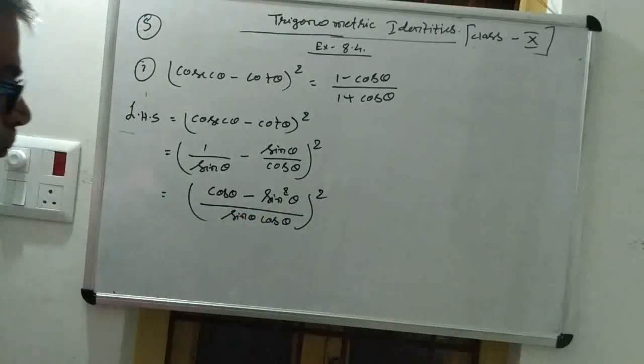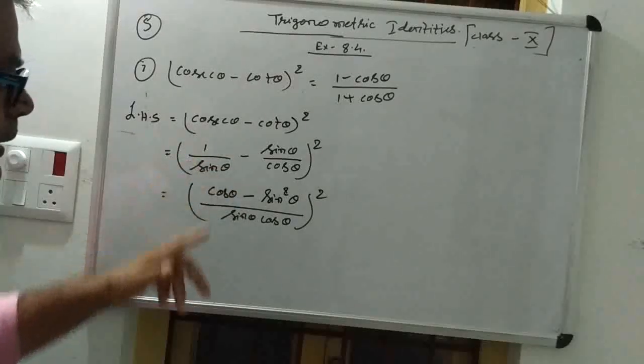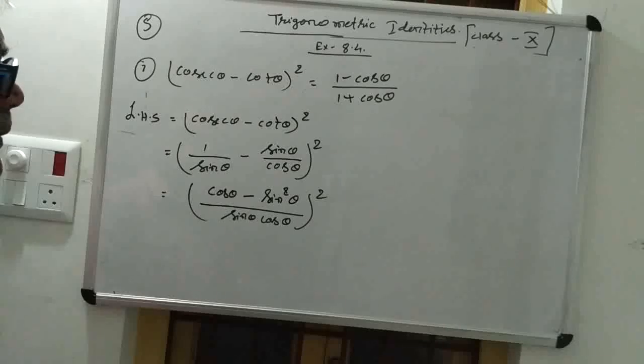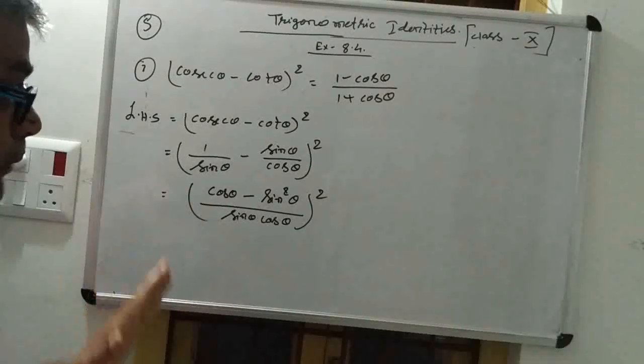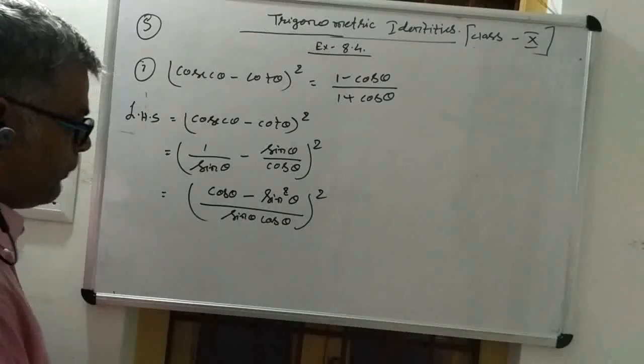Now this is the transformation of this ratio. Now we have to bring it in the form of 1 minus cos theta by 1 plus cos theta. So what will we do?